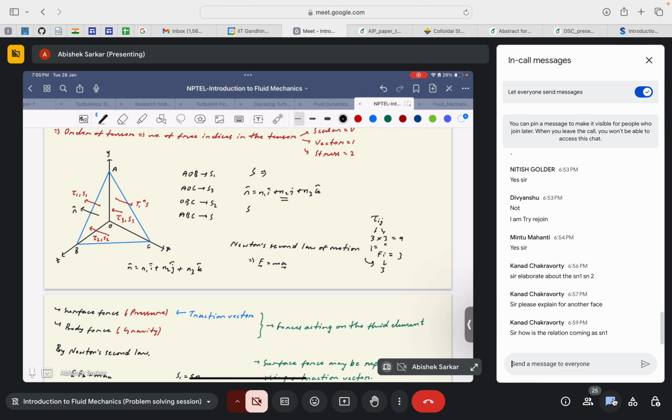S can be denoted as S1 i cap plus S2 j cap plus S3 k cap. Then S2 would be S into n2. Just give me one second, I'm trying to find how to denote it.